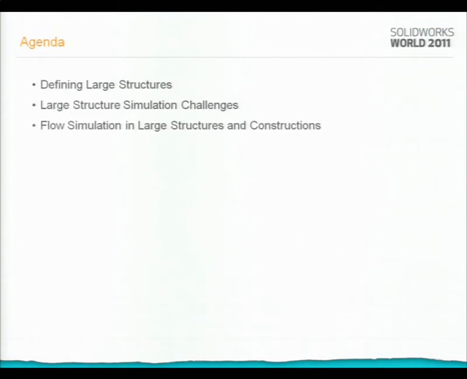So let's start with the agenda. Defining large structures, simulation challenges, flow simulation in large structure and construction, standard analysis. This is what I call the first steps to do analysis in large structure: linear, frequency, and buckling.